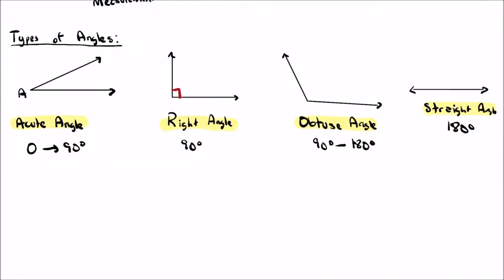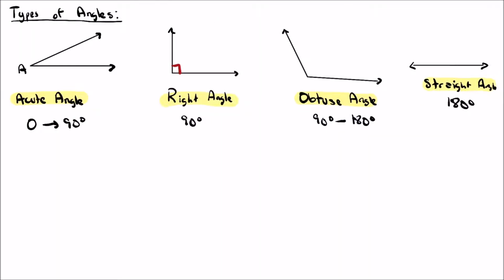And then just like how two segments can be congruent, angles can also be congruent. So two angles are congruent when they have the same measurements.